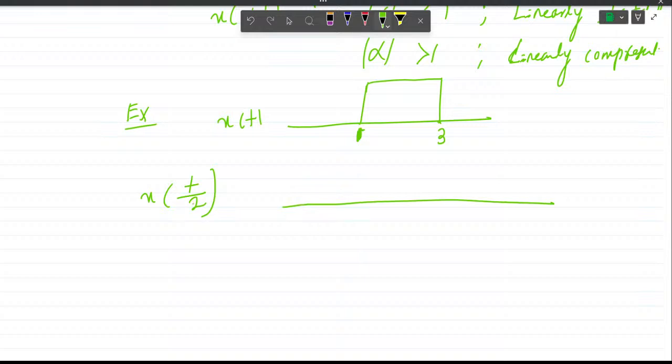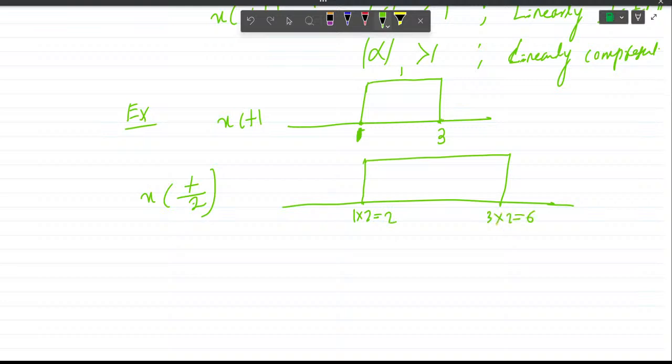You will multiply both the values, both the coordinate points of the time. The value remains the same, but it is linearly stretched by a factor of 2. So 1 into 2 is 2, 3 into 2 is 6.